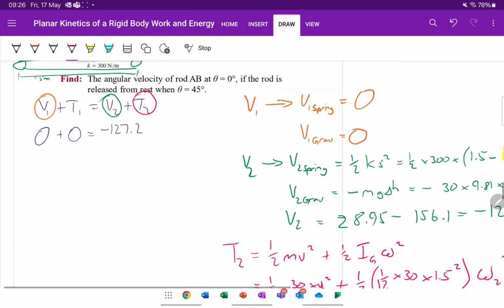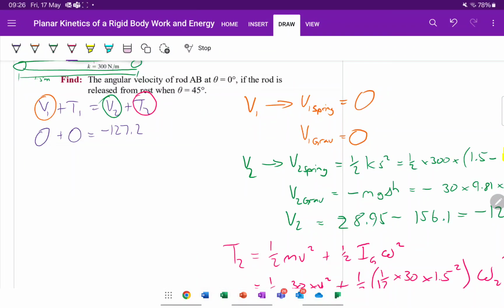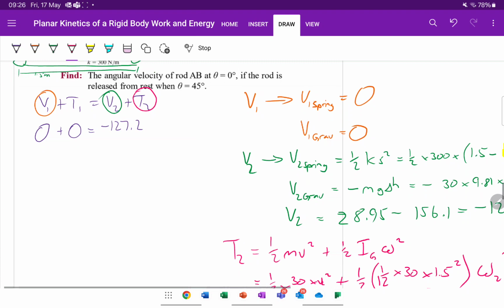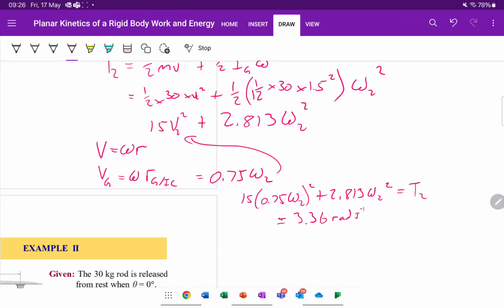Sorry, I've skipped a line there and I do apologise. You can't know that yet. That equals 11.25 omega 2 squared.